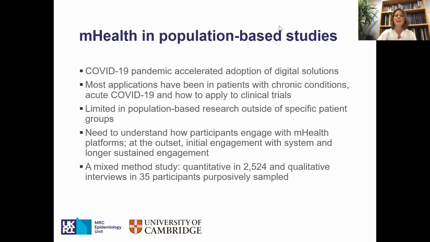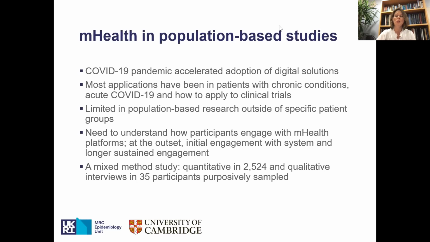In the Finland COVID study, people had the option of joining what we called the web-only arm, or an additional part, which was using the app. To look at the app, we were able to draw on the quantitative data from the 2,500 people who took part in that app study over 6 months and more. And we conducted qualitative interviews in 35 participants who we purposefully sampled.